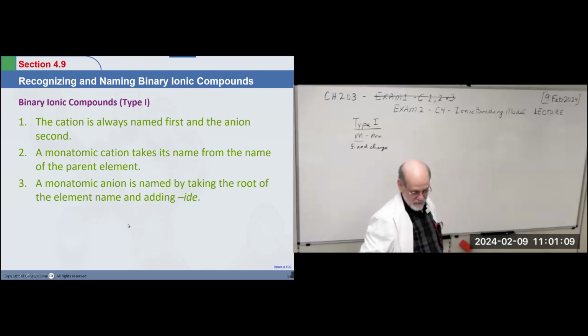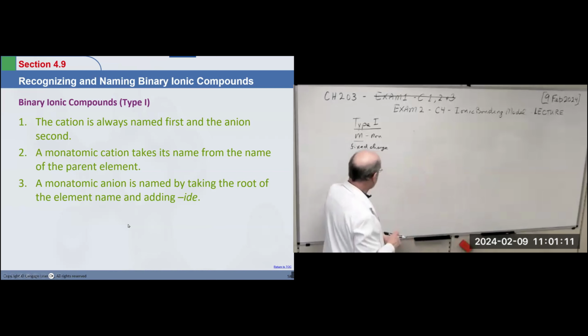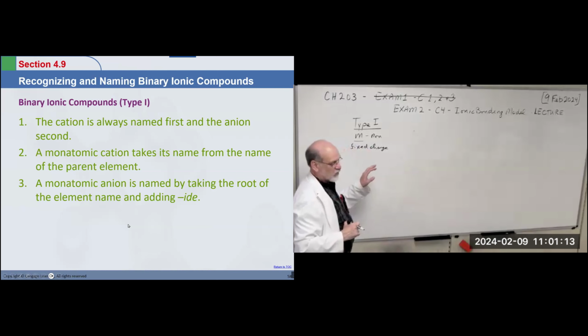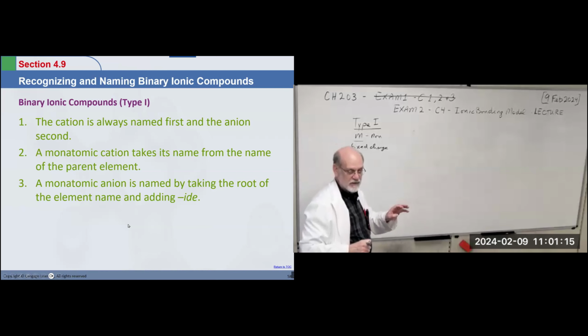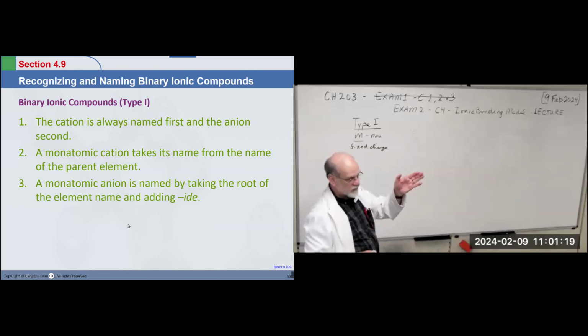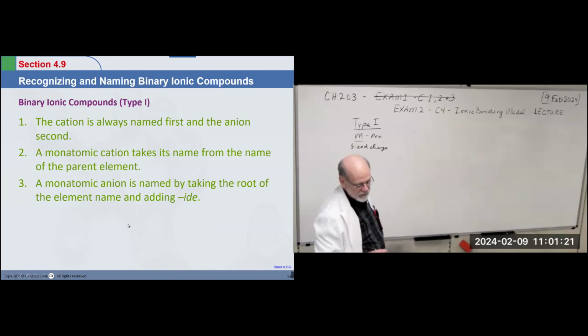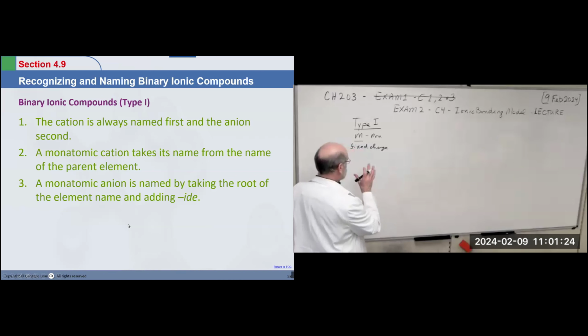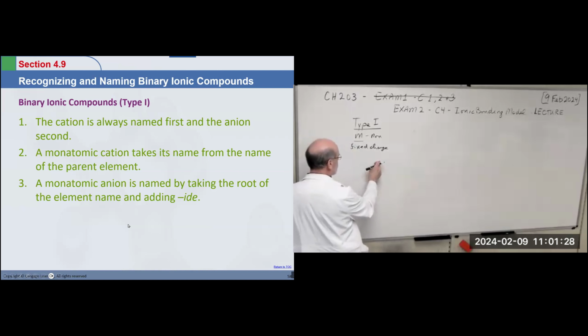And because of their fixed charges, we don't have to say in the name what the charge is. We know what it is because of what the element is. So we write the compound as cation first, anion second. For example, that's the cation, that's the anion.